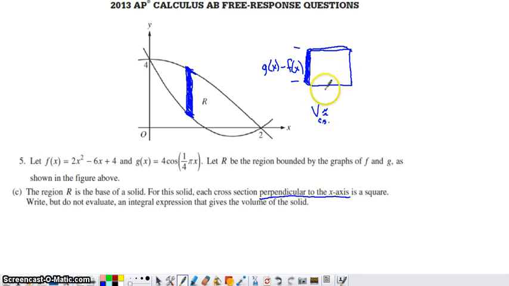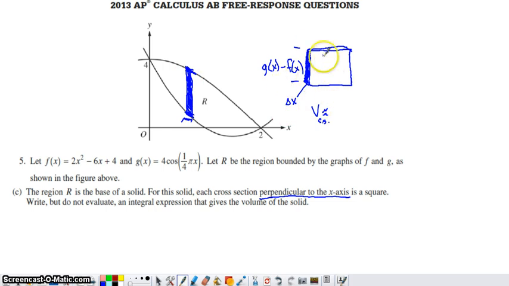Since this is a square face, that's also the distance across the bottom. And then the tiny little bit of thickness that this has is going to be specified by delta x, since it corresponds to this dimension from the coordinate plane, and that's a tiny, tiny difference in x values, a tiny, tiny horizontal dimension that we're going to specify to be delta x.